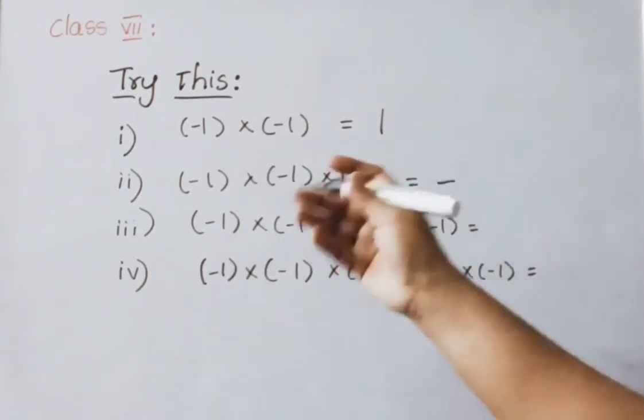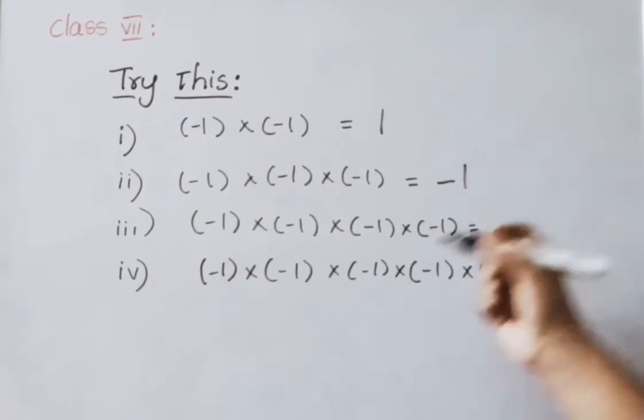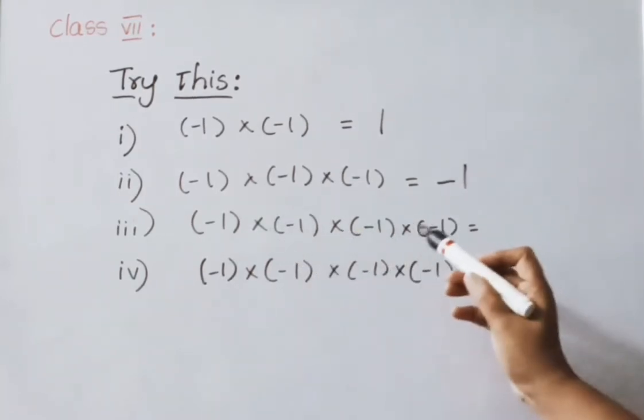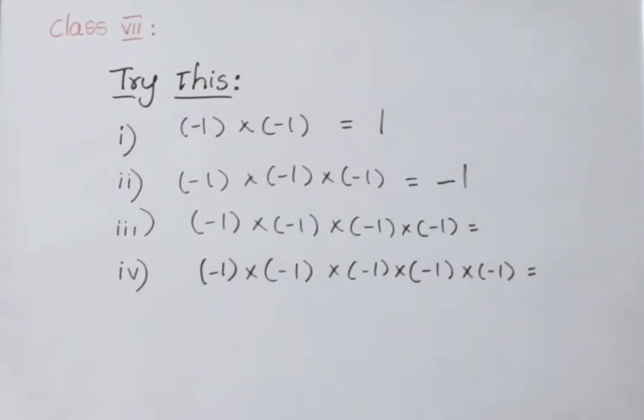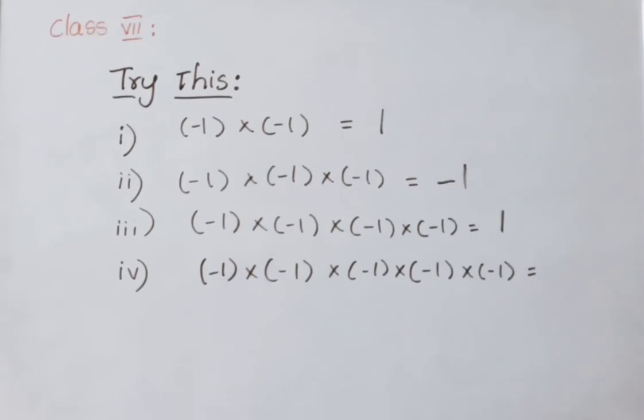So 1, however many times we multiply, we get 1 itself. So the answer is minus 1. See here, minus 1 into minus 1 into minus 1 into minus 1. 4 times here we multiplied minus 1. 4 is an even number. So the product will be a positive integer, that is 1. See here, minus 1 is multiplied 5 times. 5 is an odd number.